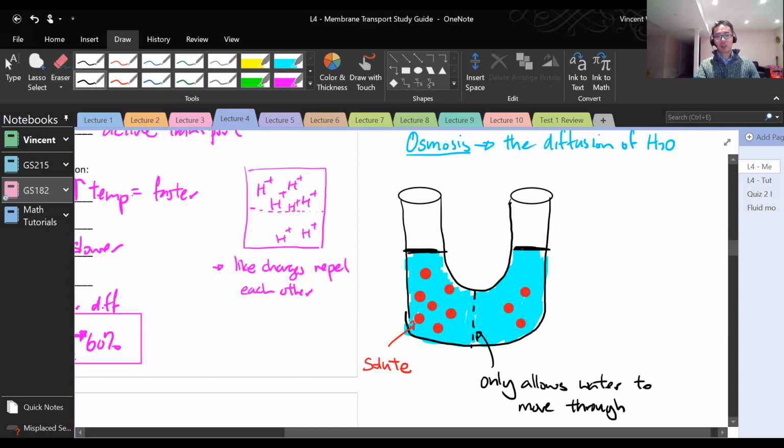And then my question is, what will happen to the water level? Okay, initially the water level is the same, right? So after 2-3 hours, what's going to happen? Okay, is it A, no change? Okay, is it B, the left goes up? Right, the water level is going to go up on the left, and then the right is going to go down.